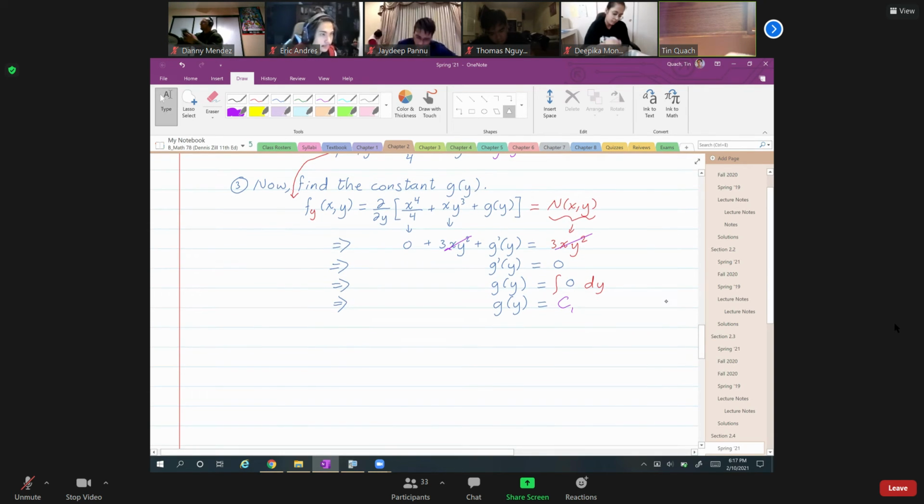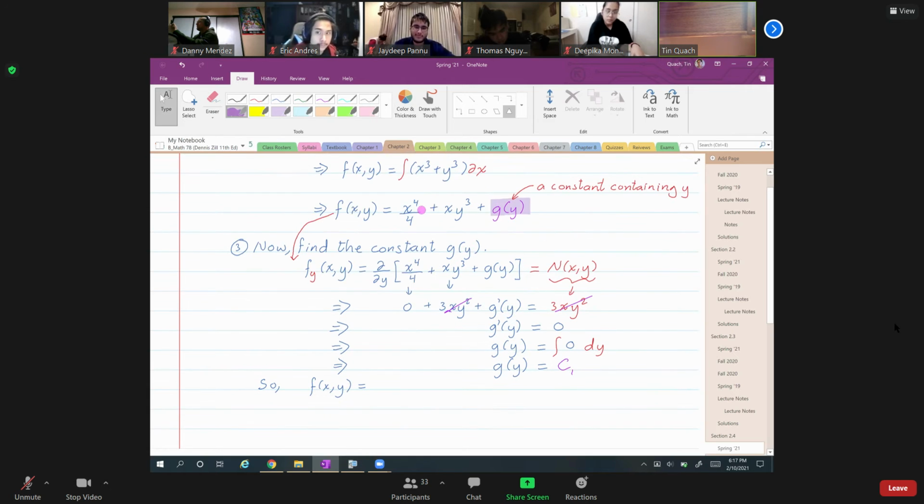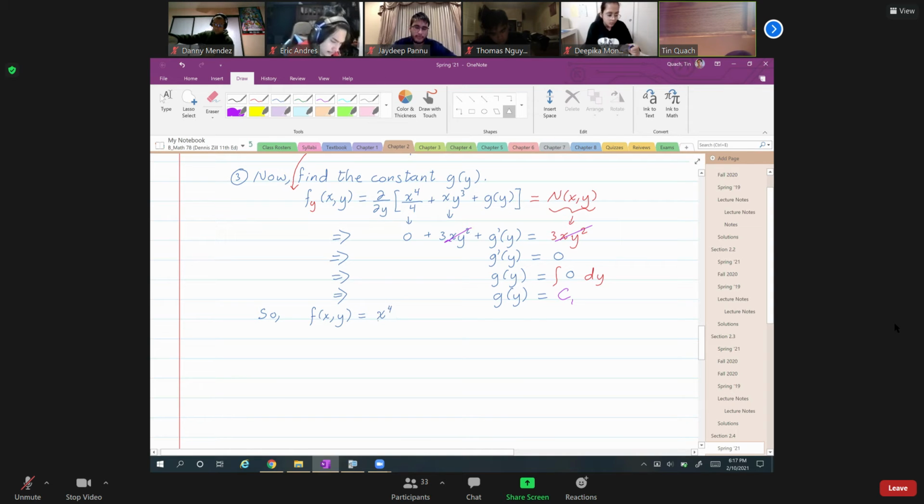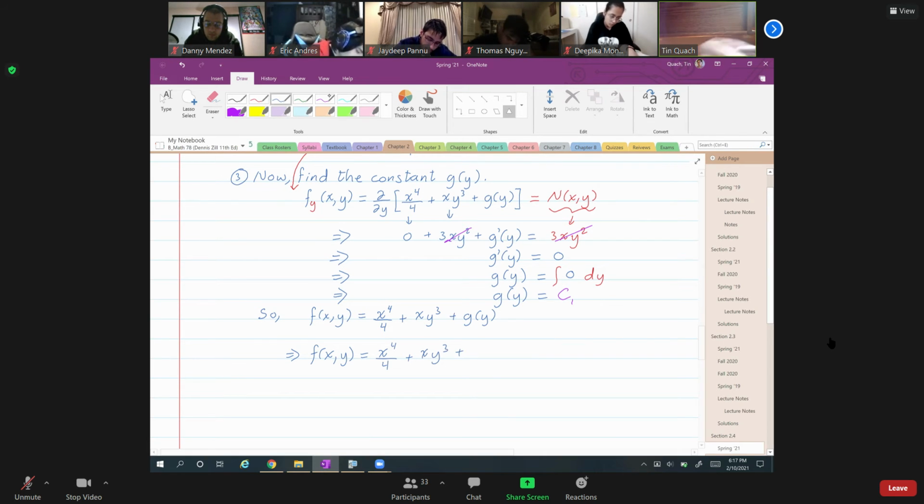Okay, so now you know f of xy is equal to, from up here, x to the 4th over 4 plus xy cubed plus g of y. So that means plus that's c sub 1.